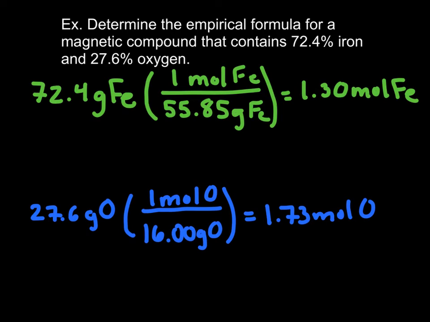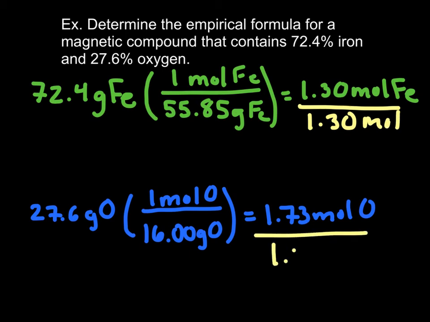Our next step is to divide the mole value by the lowest mole value. So I hope you can agree with me that 1.30 moles is less than 1.73. So we're going to divide by 1.30 moles. When we do that, we get 1 iron.